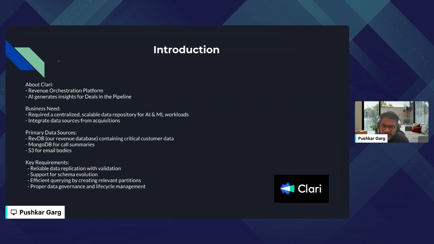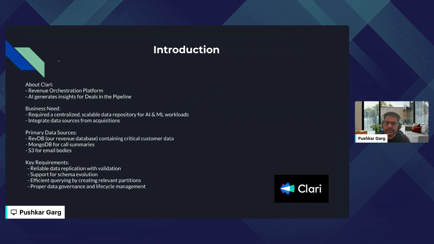The primary data sources that we use to ingest data are RevDB. RevDB is our state-of-the-art revenue database that is populated using the upstream CRM systems, for example, Salesforce, that contain the data about these deals and about other information about the customer's sales.